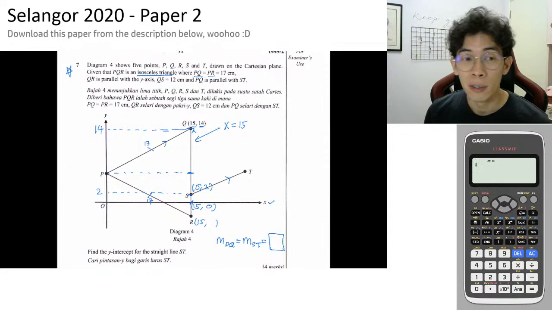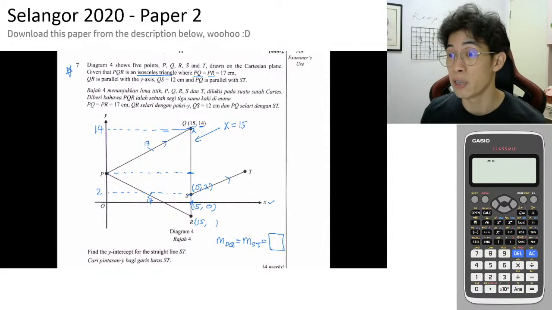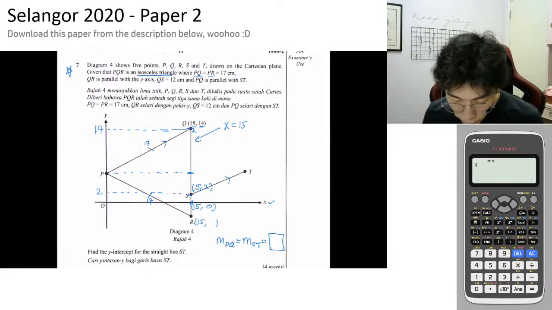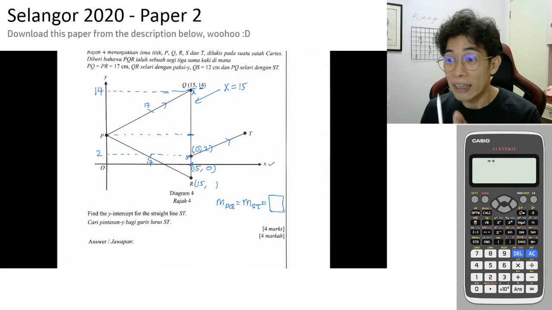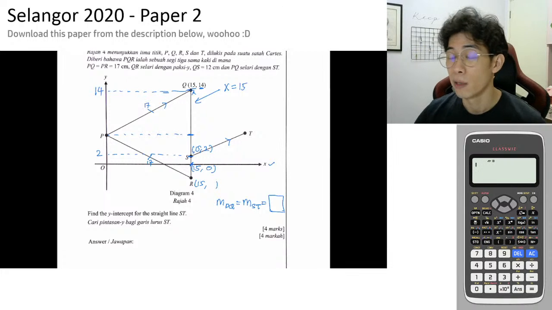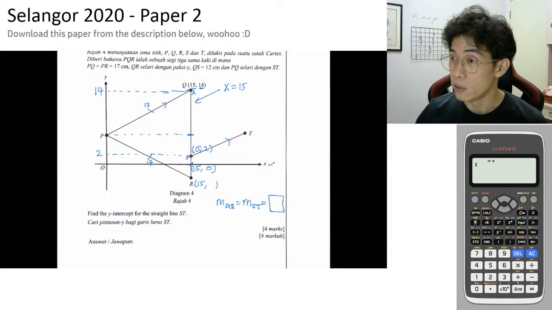Okay, everyone. This question, be careful, because it says find the y-intercept for straight line ST. This sentence stresses a lot of students. Do you know why?